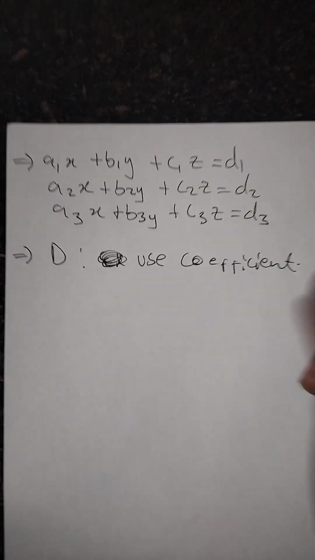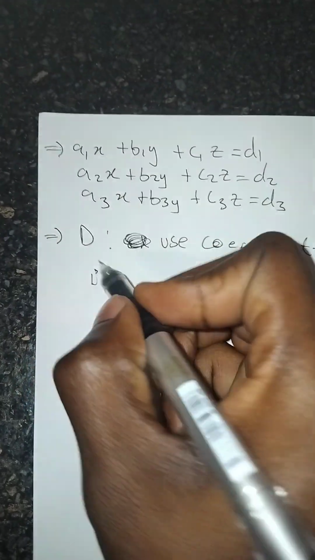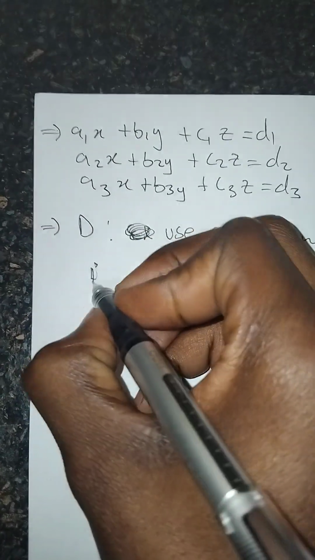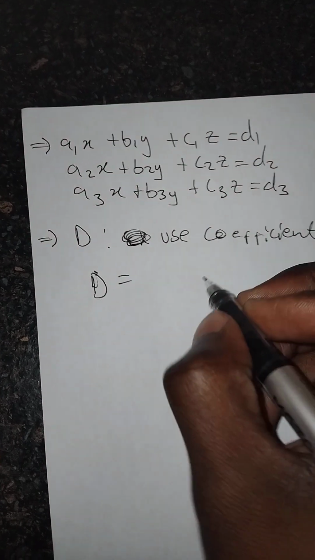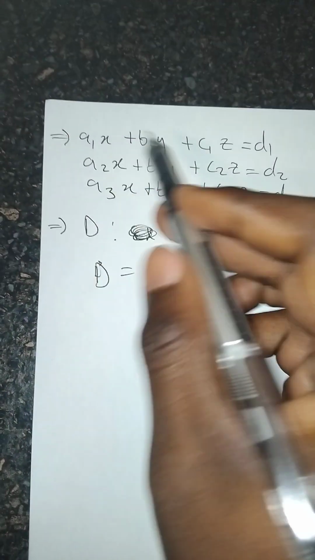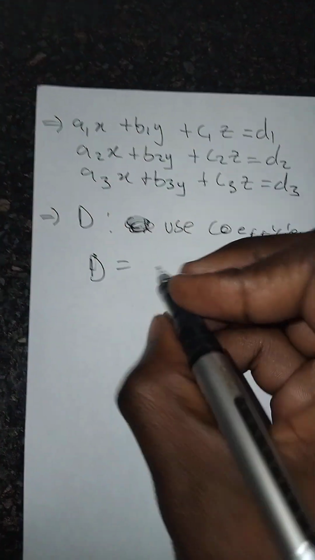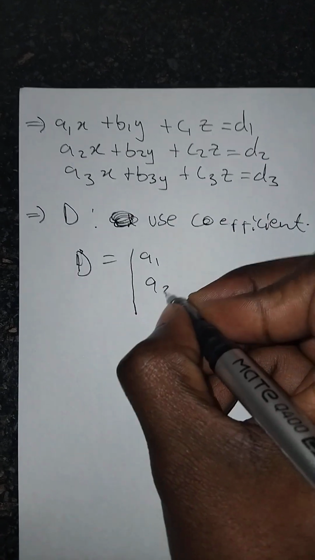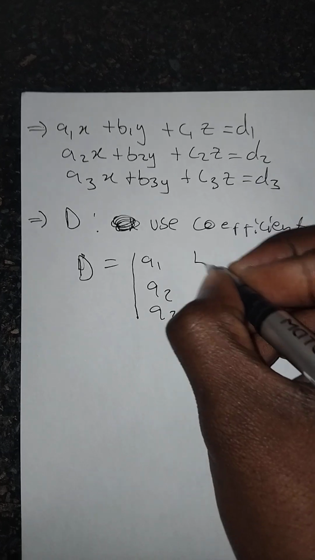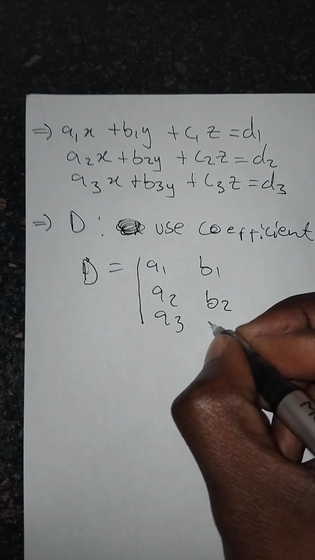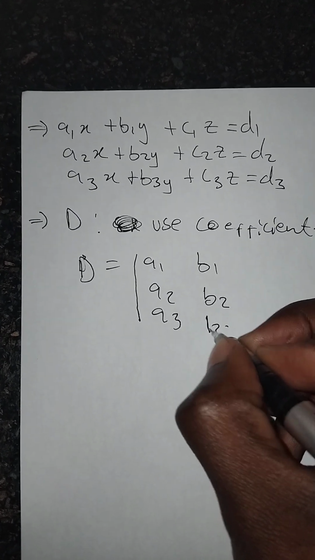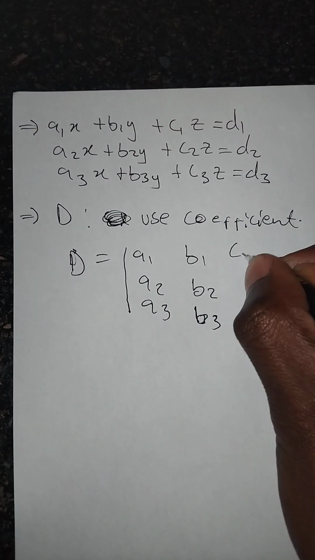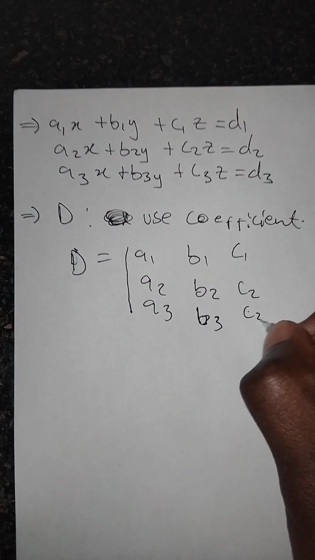So d is going to be the coefficients; I'm going to write them in columns: a1, a2, a3, then b1, b2, b3, and c1, c2, c3, just like that.